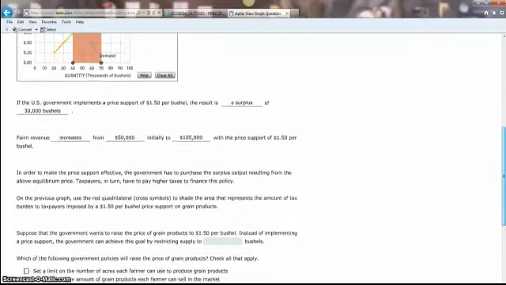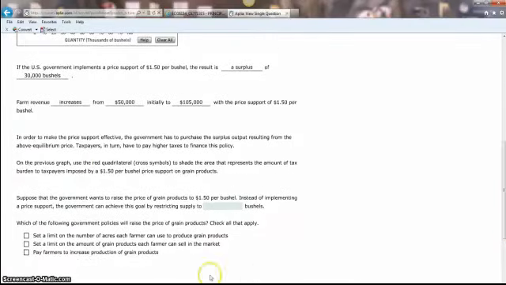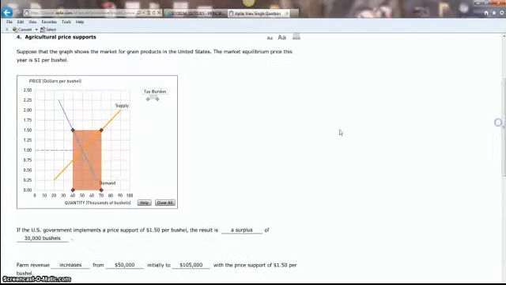Suppose the government wants to raise the price of grain to $1.50 per bushel. Instead of implementing a price support, the government can achieve this goal by restricting supply. The idea is we're going to take this supply curve and shift it backwards, and we want to achieve the equilibrium at $1.50.